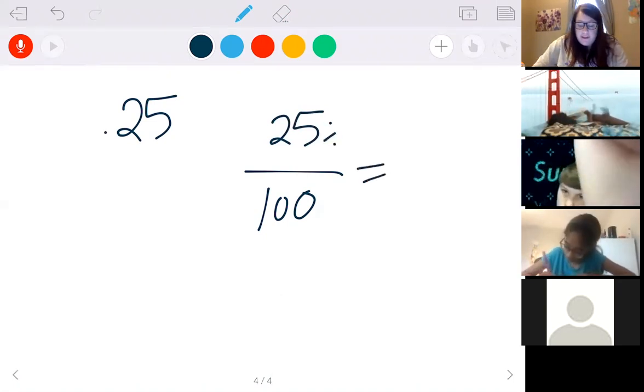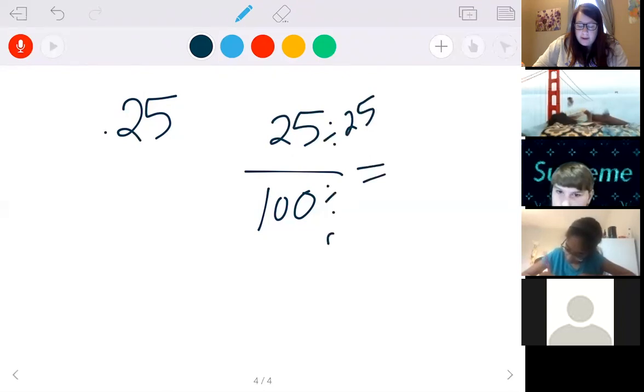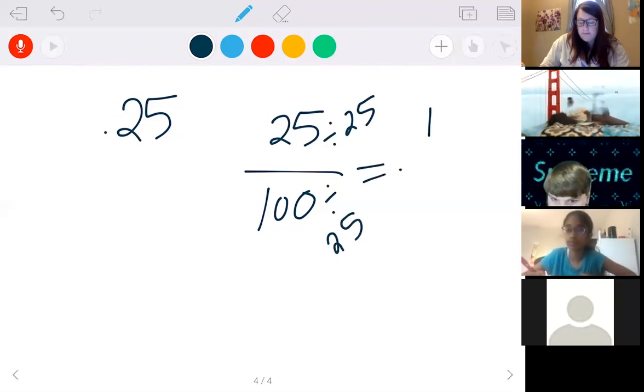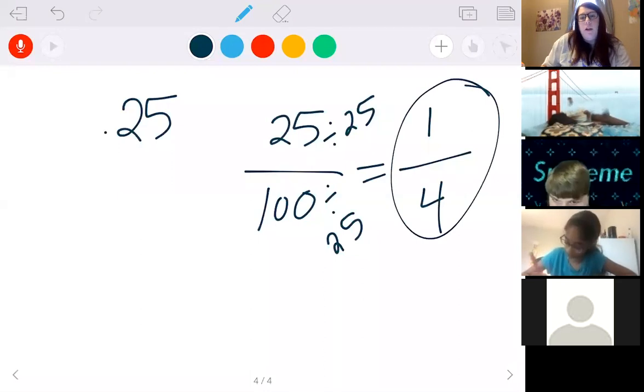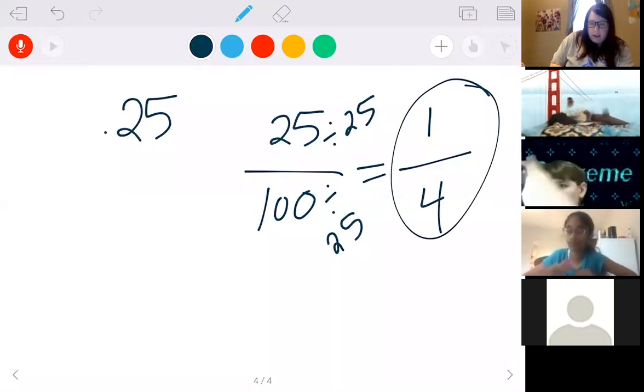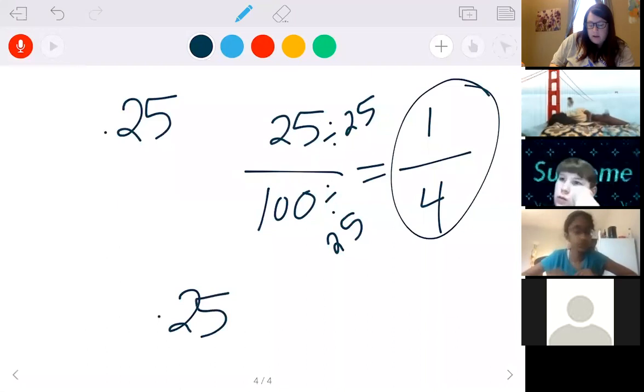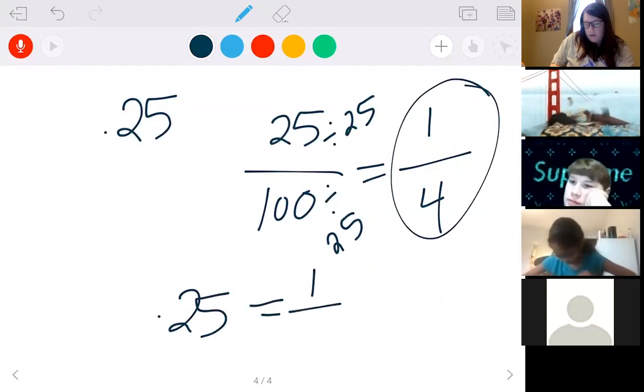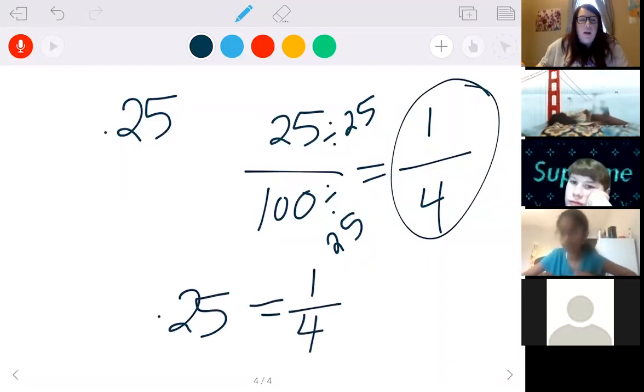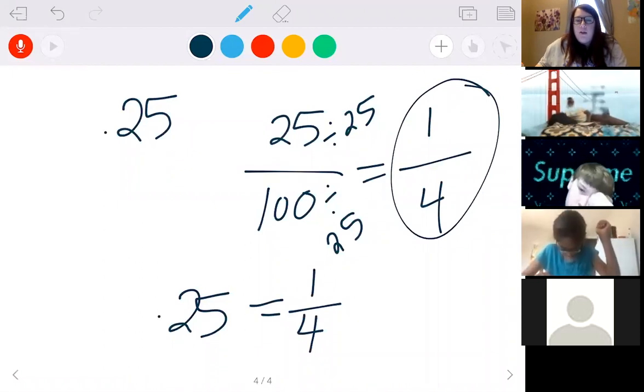If I divide 25 by 25 and 100 by 25, 25 divided by 25 is 1. 100 divided by 25 is 4. 1/4. So that tells you that 25 hundredths is equal to 1/4. And you see that a lot when you see something that says 1/4 of something. You'll see 25 hundredths or 1/4. Those are ones that you'll see a lot.